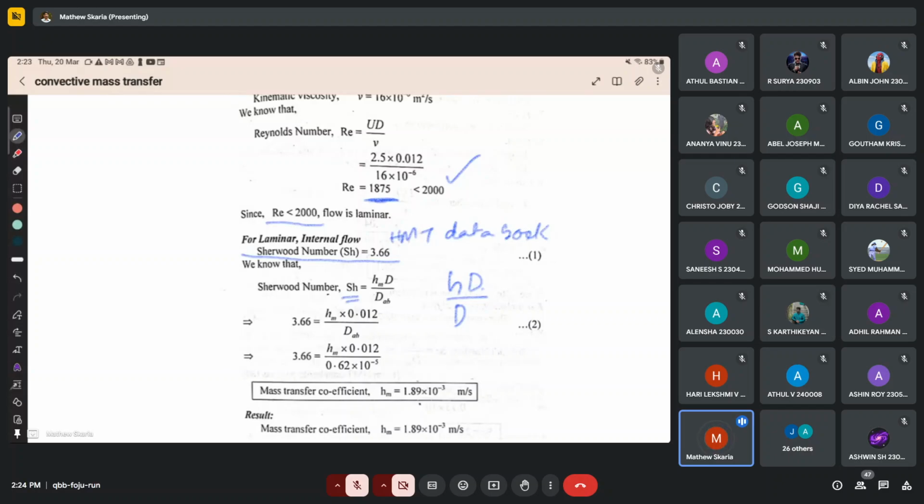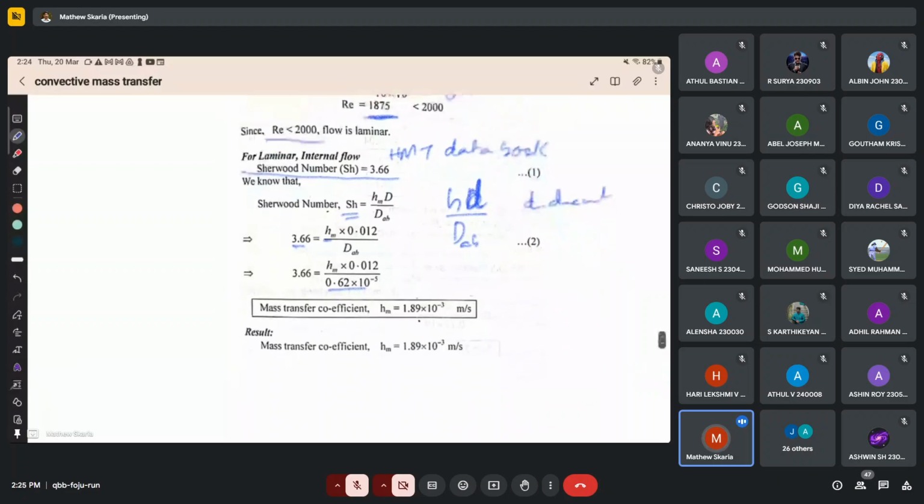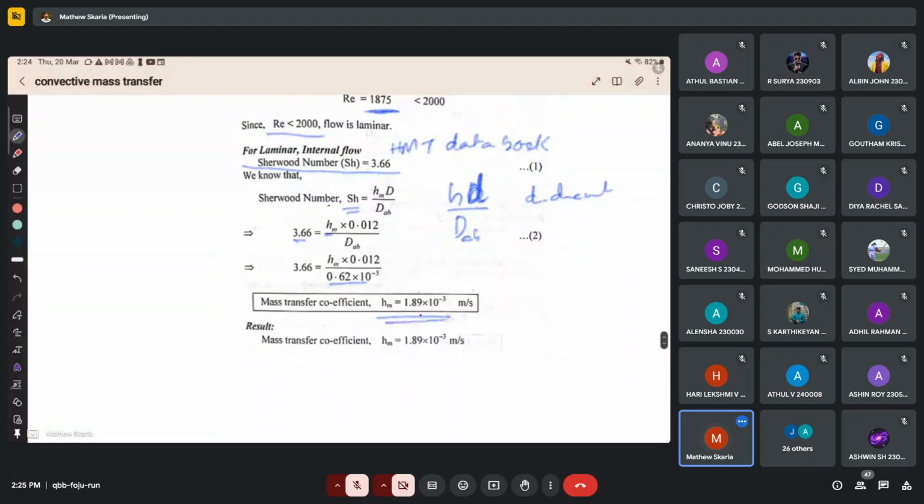To avoid confusion, I'll put a small d for the diameter. So 3.66 equals hm into 0.12 divided by DAB. The DAB value is also given, and the mass transfer coefficient is 1.89 times 10 to the minus 3.